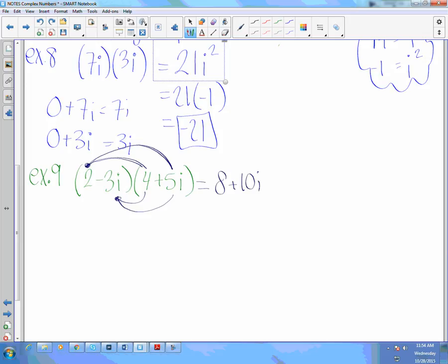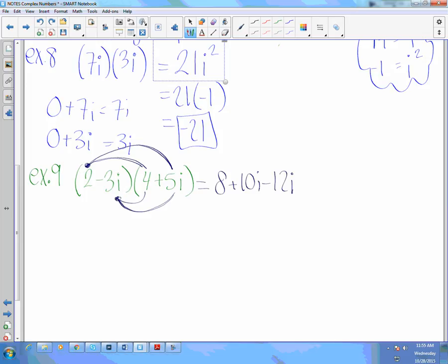What is negative 3i times the 4? Good. Negative 12i. And then the last one. Negative 3i times 5i. Guess what that's going to be?